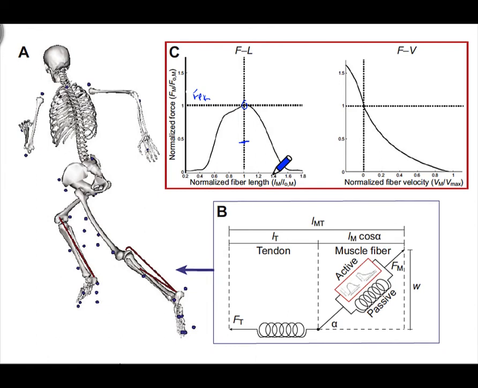But if it was trying to produce that same amount of force at a lengthened position of 40%, so 1.4 of 1, we would need now to produce 100% activation, because the full capacity of the muscle here needs to be activated to get to that same amount of force. And that's without taking into account the parallel elastic element or the passive element.